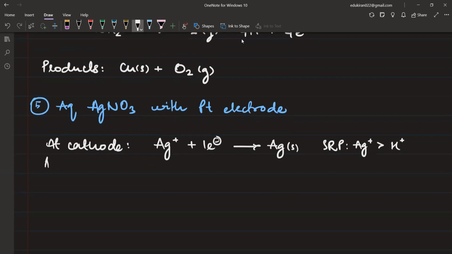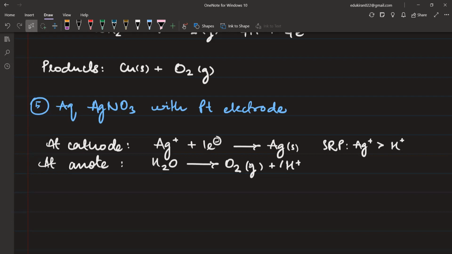Next, at anode, again from NO3-, NO3- will be again a bigger molecule, and that is why here we are going to get 2H2O to O2 gas plus 4H+ and 4 electrons.